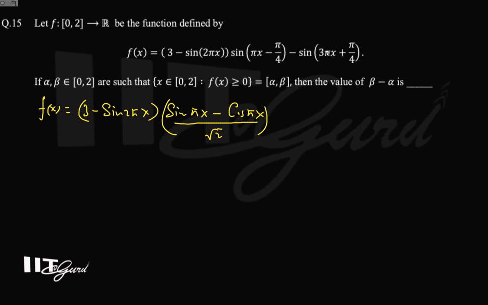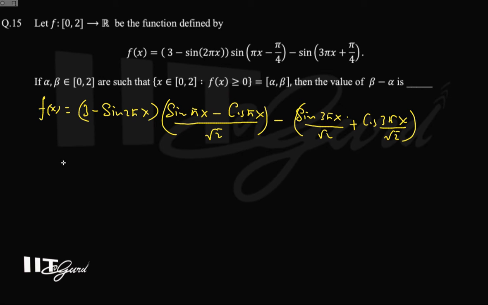And considering this as theta, this will be 3 theta, so 3 times pi x. So we write minus of sine 3 pi x, also over root 2, and plus cos 3 pi x, and here also root 2, that is the pi by 4 value.